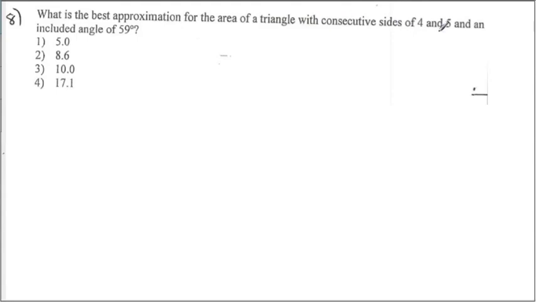Area of the triangle with consecutive sides 4 and 5. In this case, since it's a triangle, the area has to have 1/2. Unlike the parallelogram, we have 4 times 5 times sine of 59. So let's try to calculate this one together.